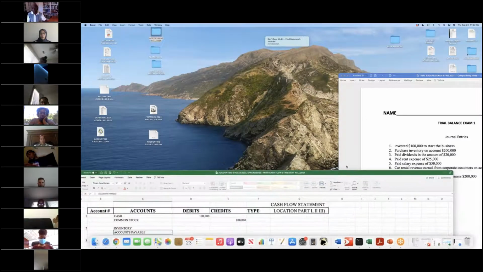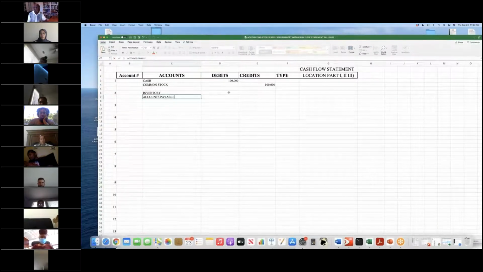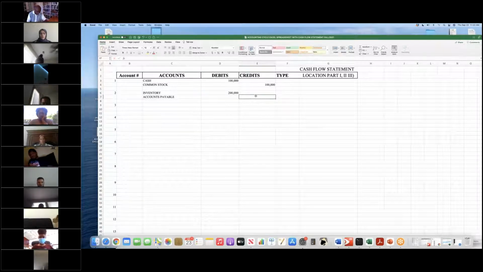That was 200,000. And I guess I will put the types in. So this is a type 1, and this is a type 12.